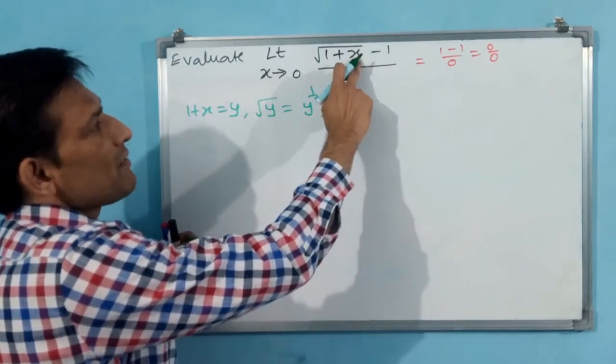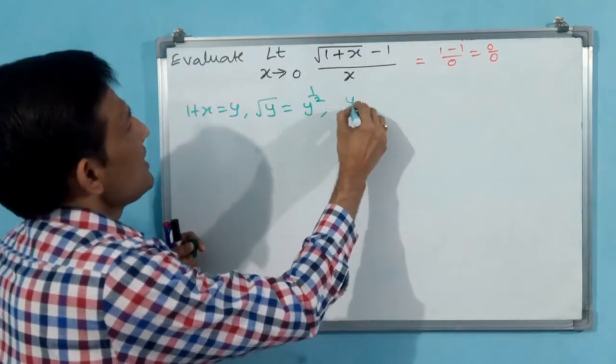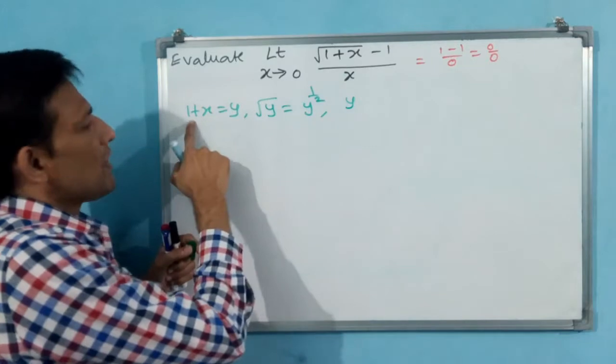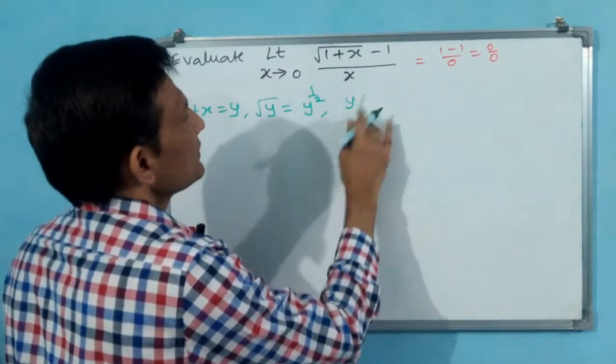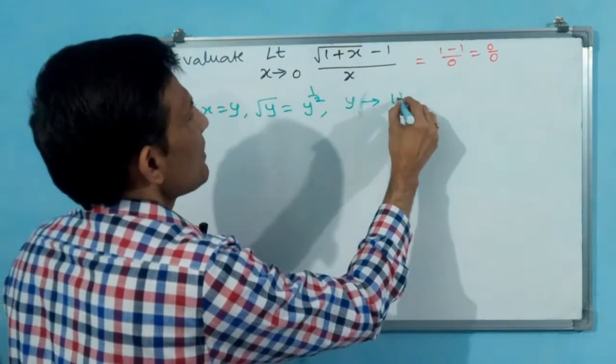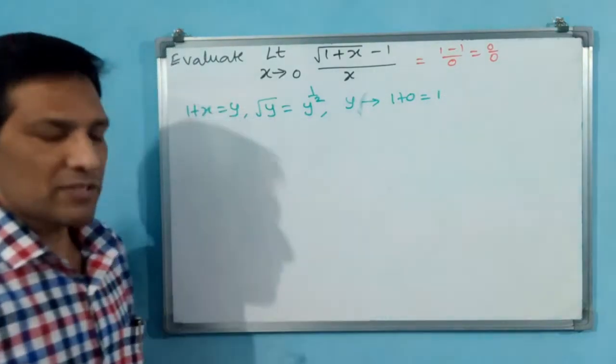And another one, you see, limit also is going to change when you see input. When you change 1 plus x into y, then y you have to take limit. Then y is 1 plus x, means x is 0, y tends to 1 plus 0, that is equal to 1. Is it okay?